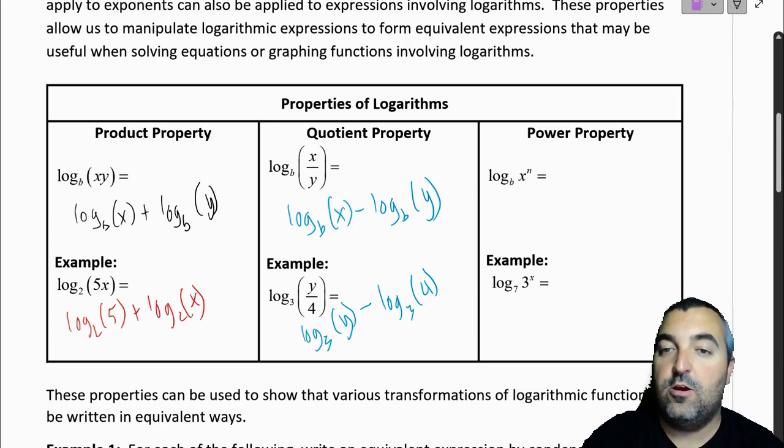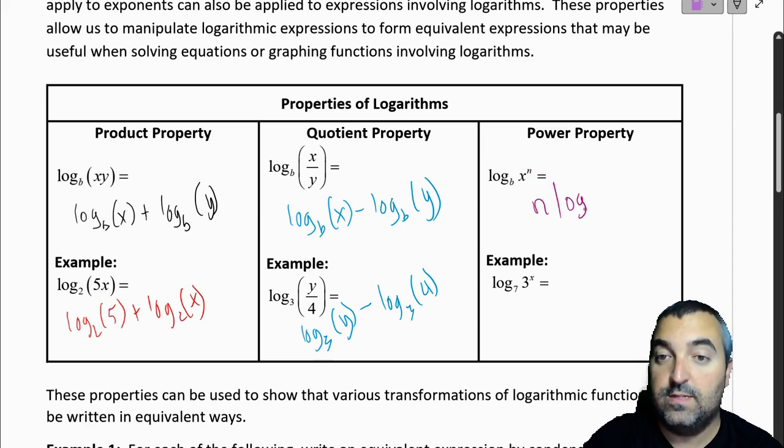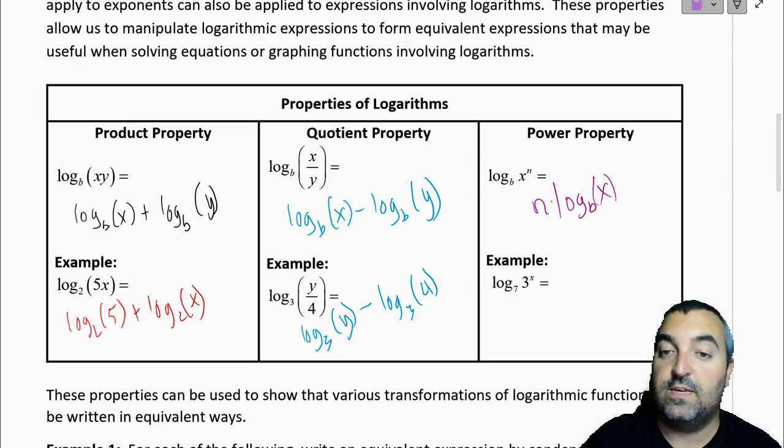All right, then our power property. This is a very, very useful one. What this power property does is it lets us take this power and move it out of there, so we get to move it to the front. So n times log base b of x is the same thing as log base b of x to the n.